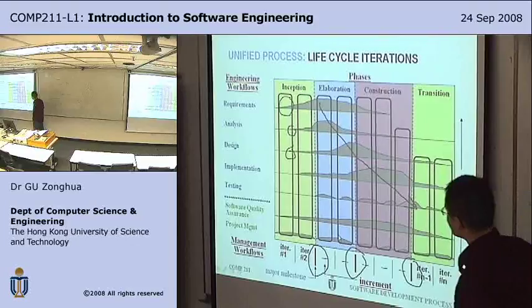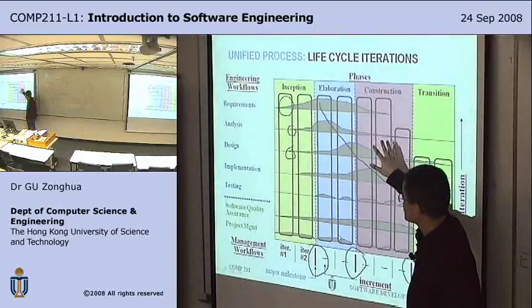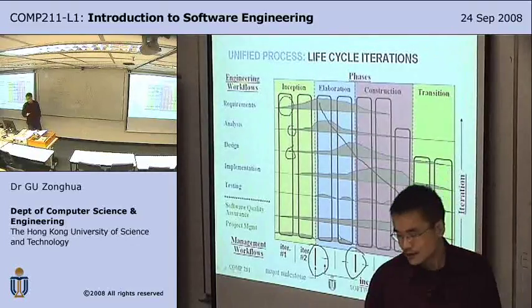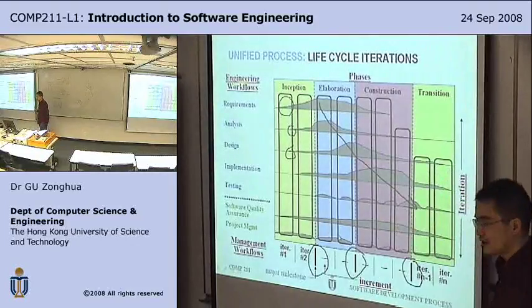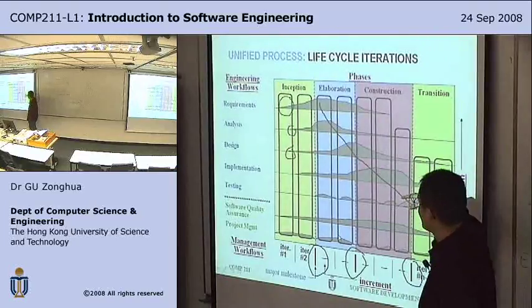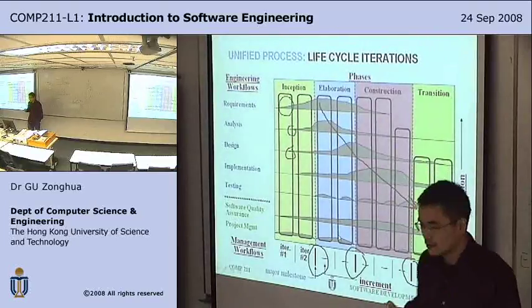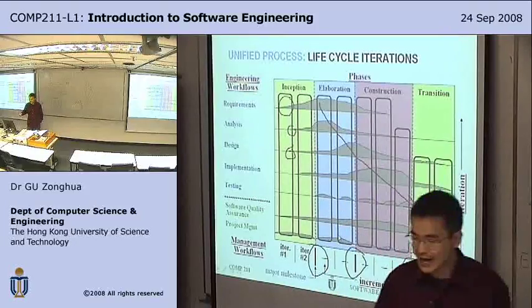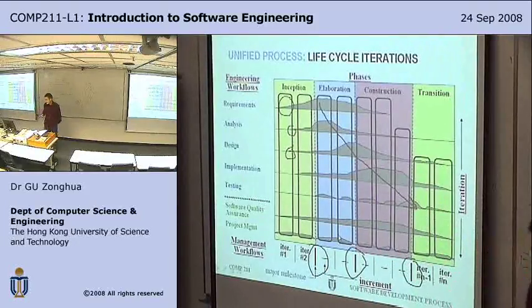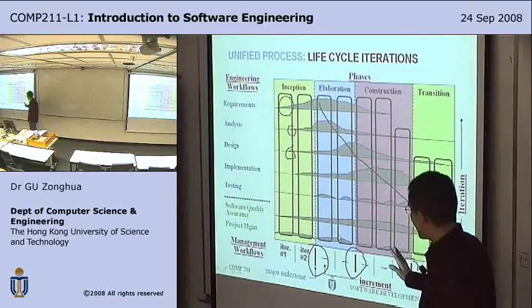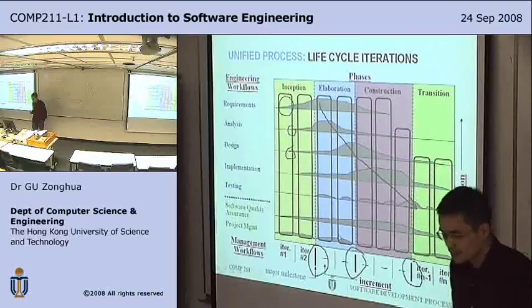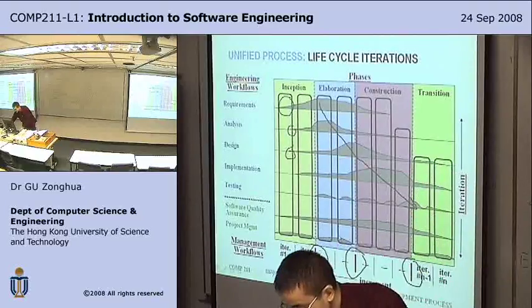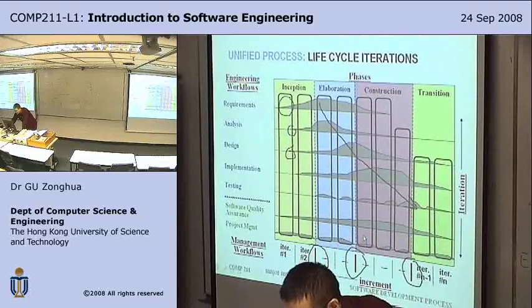But at every iteration, you're going from requirements to analysis to design to implementation. If it's waterfall, then you're not allowed to go back to requirements or to an earlier workflow. But here, we're constantly going back to earlier workflows, but at each iteration, we have a concrete goal, and we go on to the next iteration.